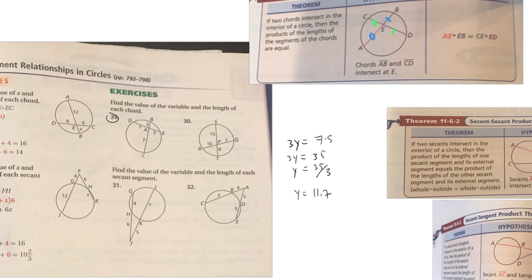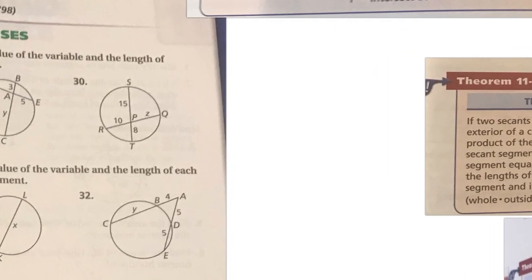Looking at problem number 30, it would be 15 times 8 equals 10 times z, and 15 times 8 is 30 times 4, which is 120, which is 10 times z. Dividing both sides by 10, z would therefore be 12.